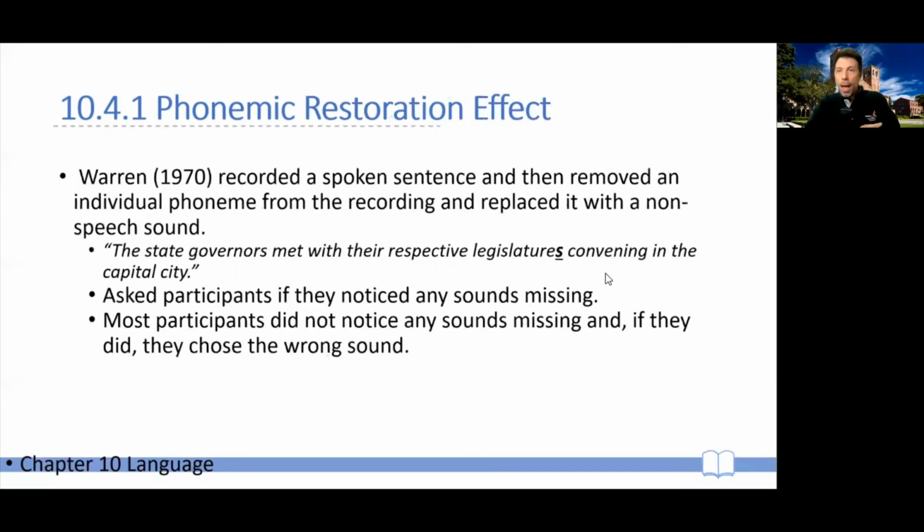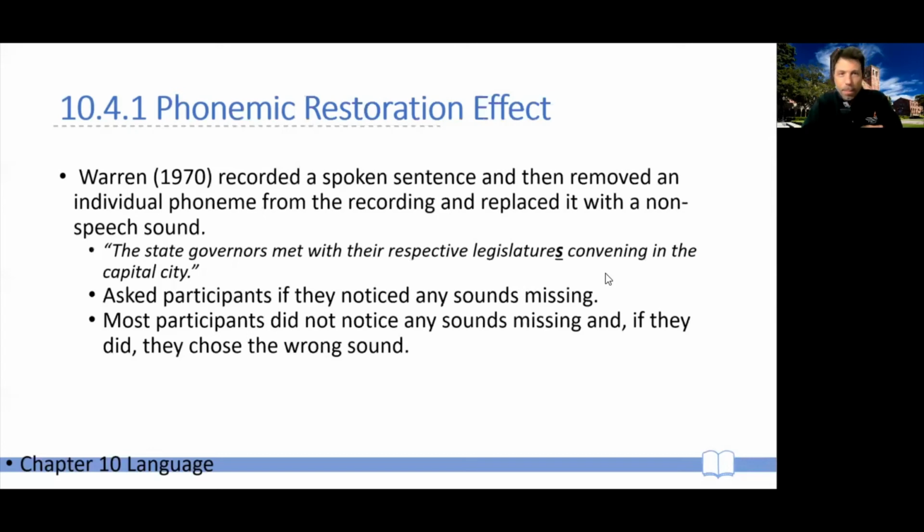Now, along similar lines, Warren in 1970 did a similar experiment, but was trying to show how we probably get around this. What are the guiding principles, how do we solve this ambiguity?